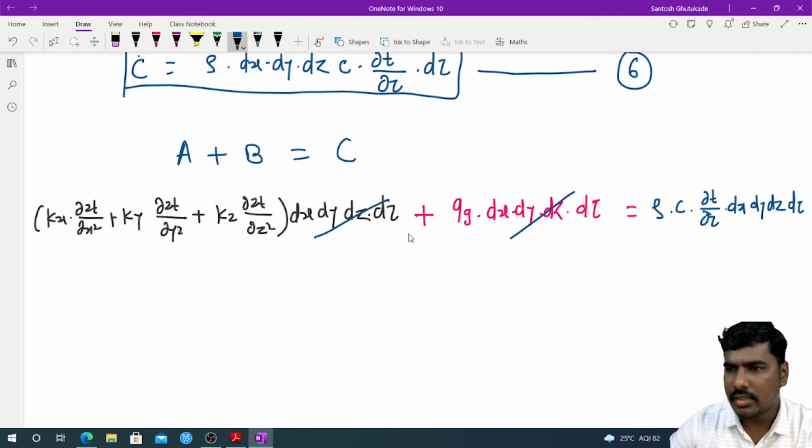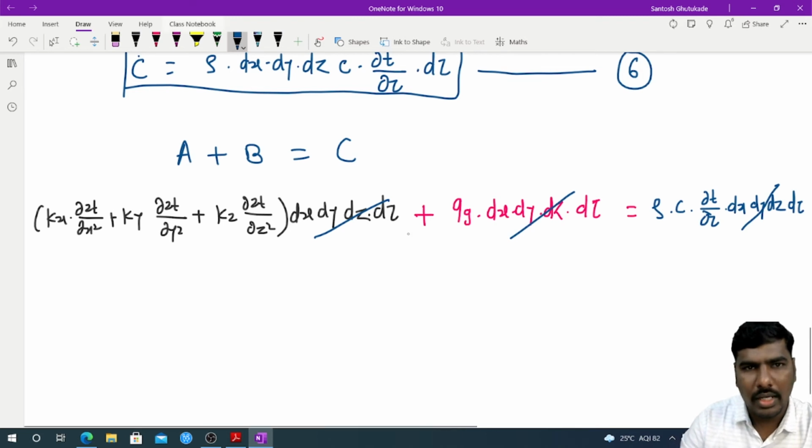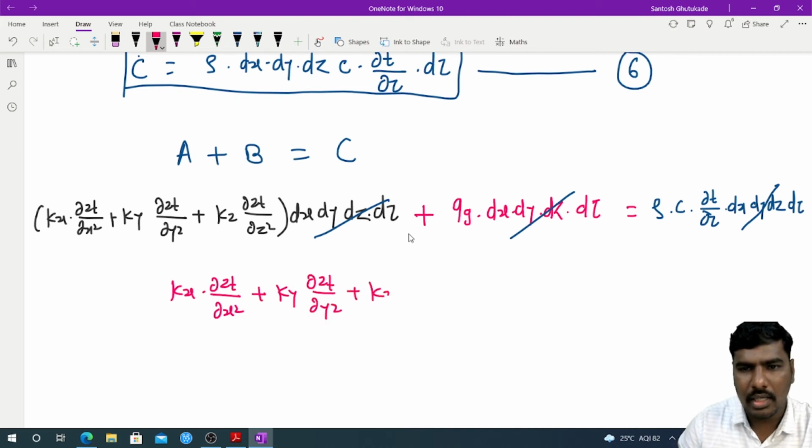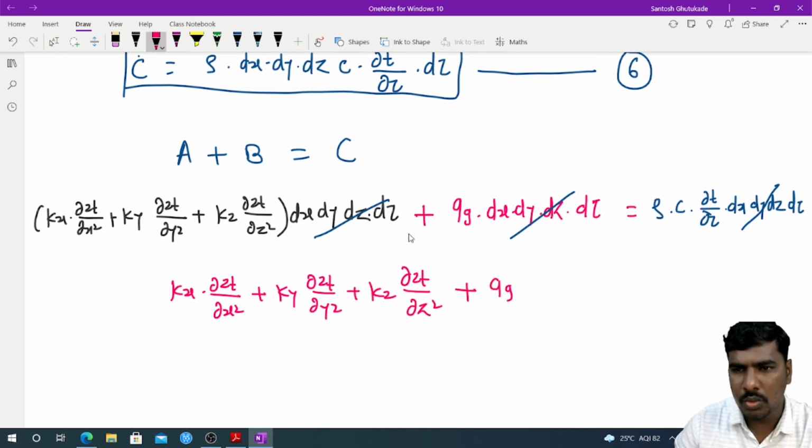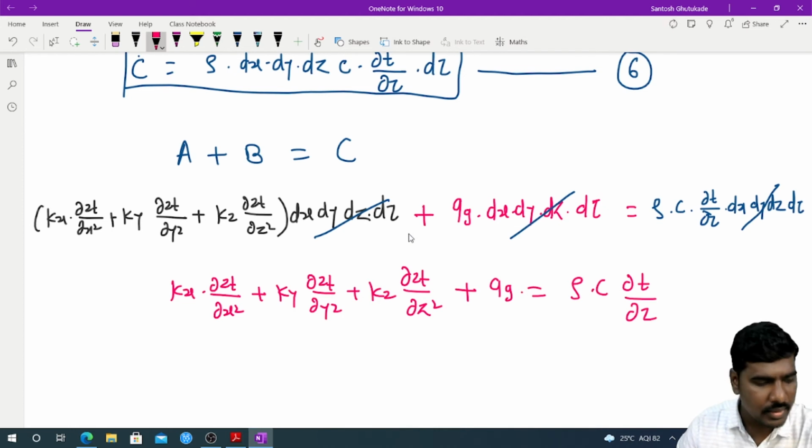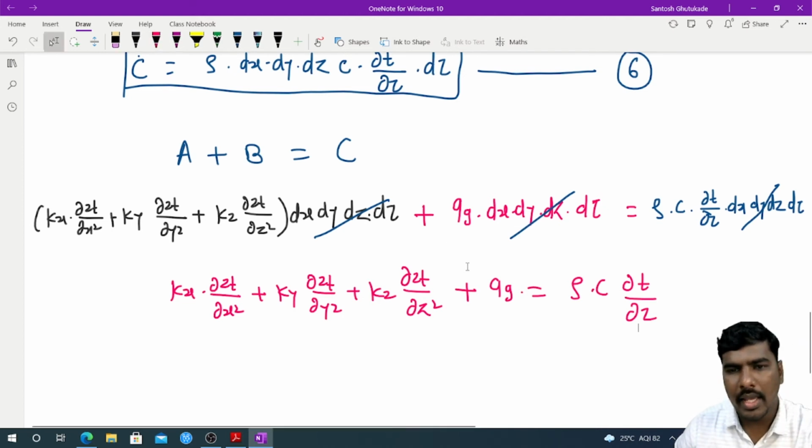So it cancels dx, dy, dz and d tau. The remaining part is kx ∂²T/∂x² plus ky ∂²T/∂y² plus kz ∂²T/∂z² plus qg is equal to rho c ∂T/∂tau. So this is the Cartesian coordinate equation. But again here kx, ky and kz are the thermal conductivities in the x, y and z directions.